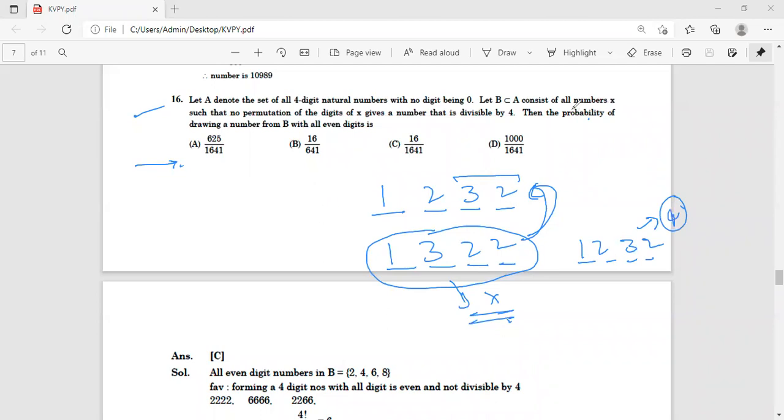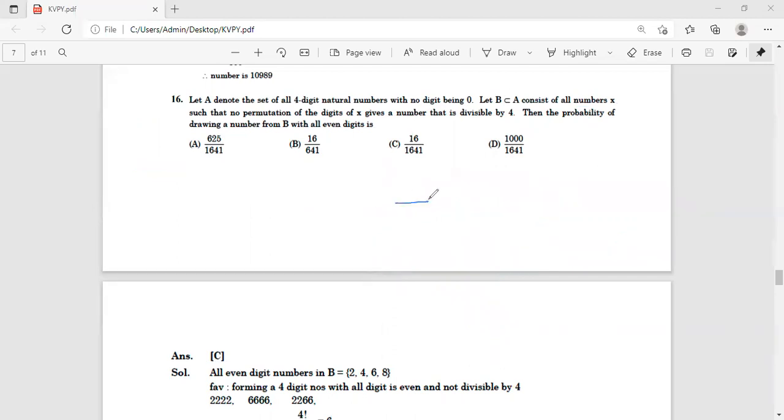So X are numbers such that no permutation of the digits of X gives the number that is divisible by 4. So how to find such numbers? Number not divisible by 4. So let us go step by step.